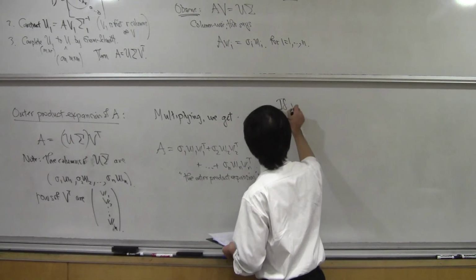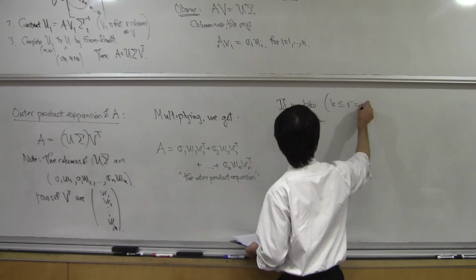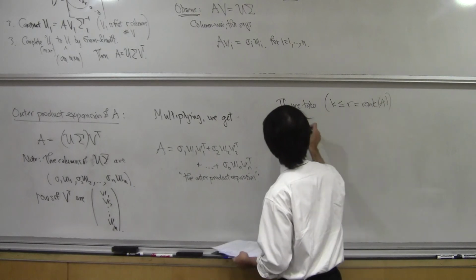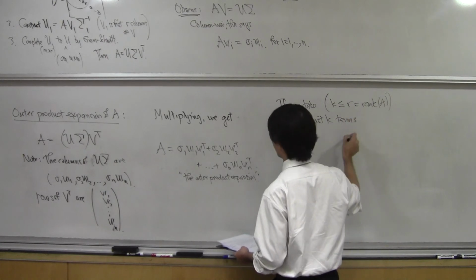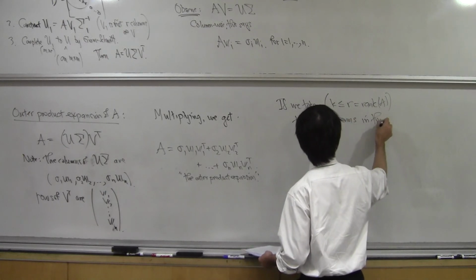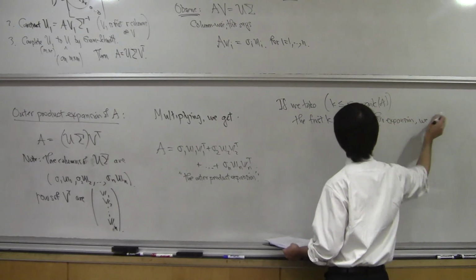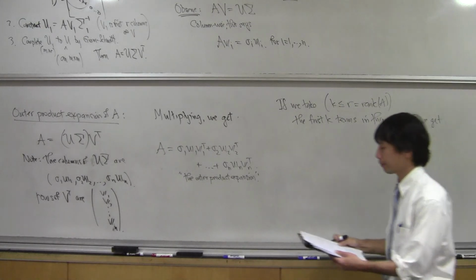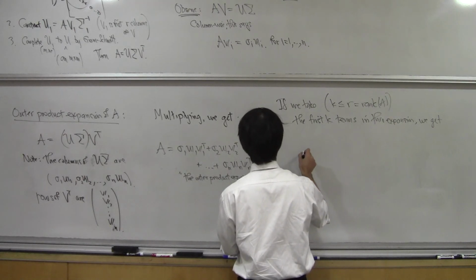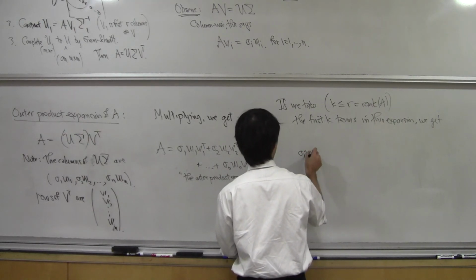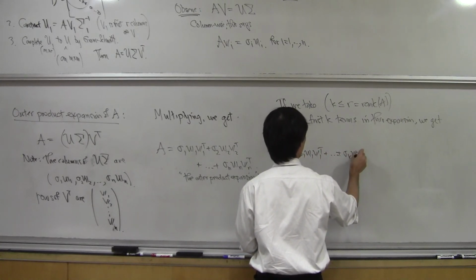If we take, for some k less than the rank of A, the first k terms in this expansion, we get the sum of the first k terms.